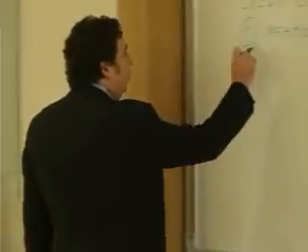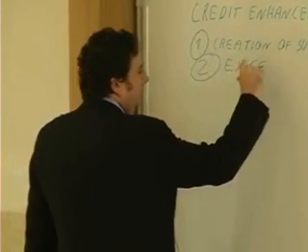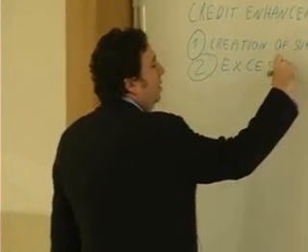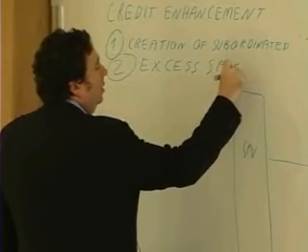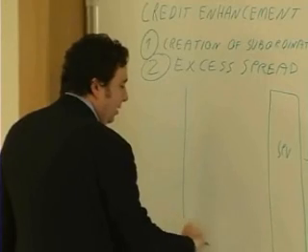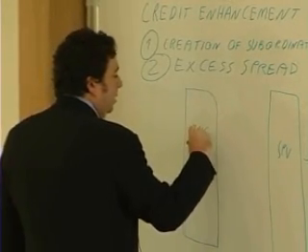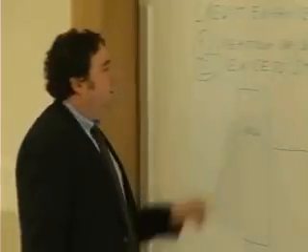Now, the second form is the excess spread. What does that mean? First of all, what is the excess spread of a cash securitization?